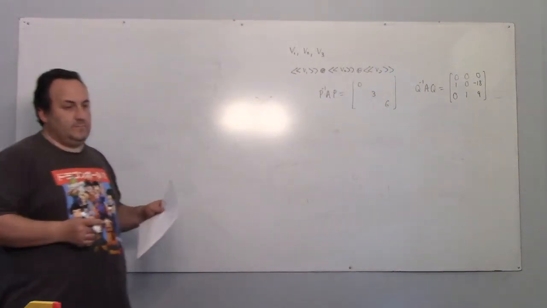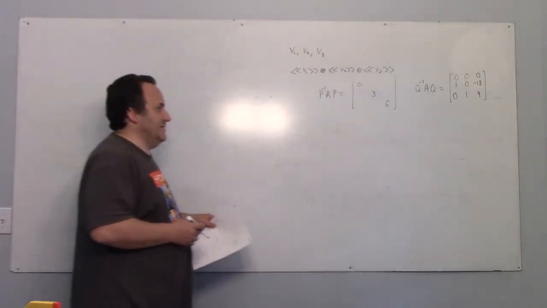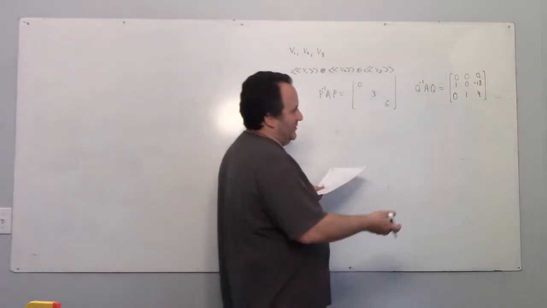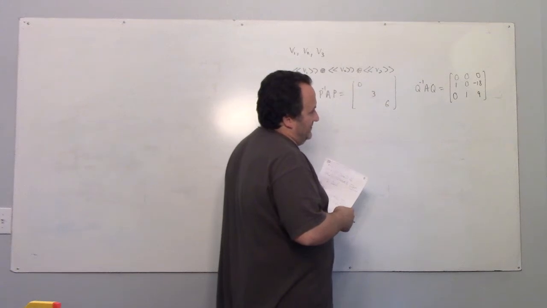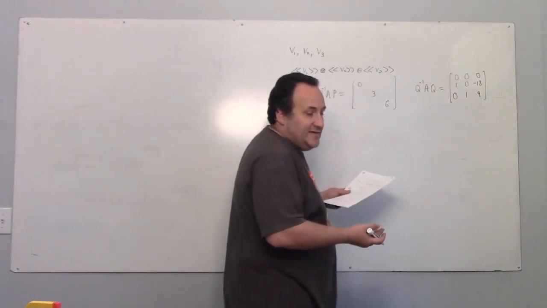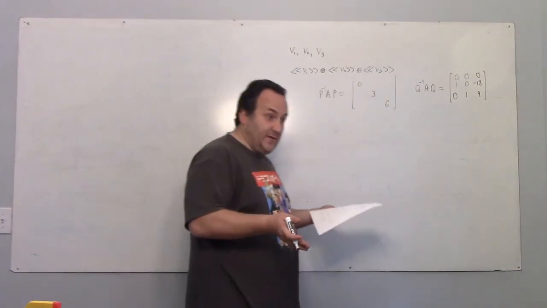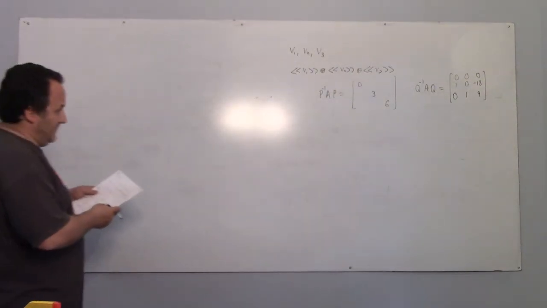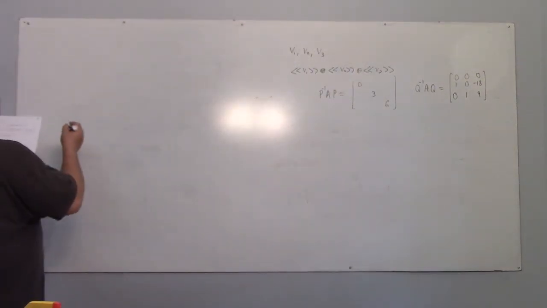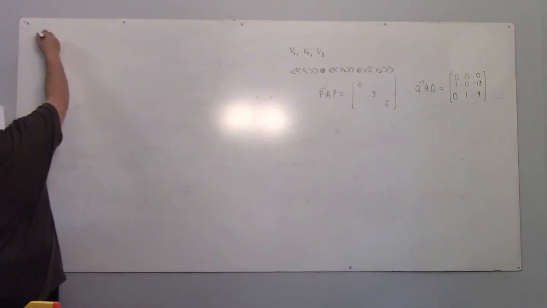Oh, so you do the 1 line. I'm saying it is the companion matrix of the minimal polynomial, which is also the characteristic polynomial. In this case, the minimal polynomial is the characteristic polynomial. That was a rather special example.